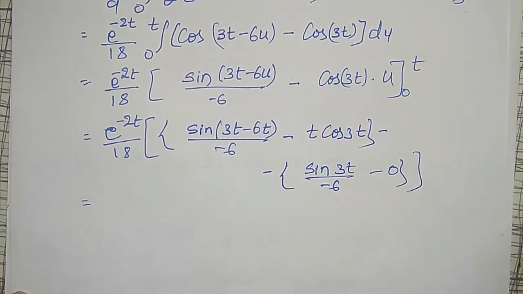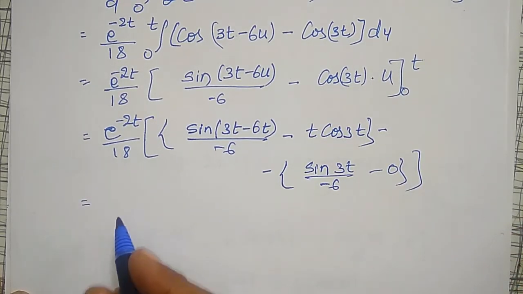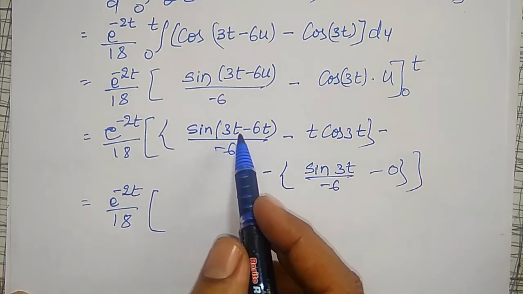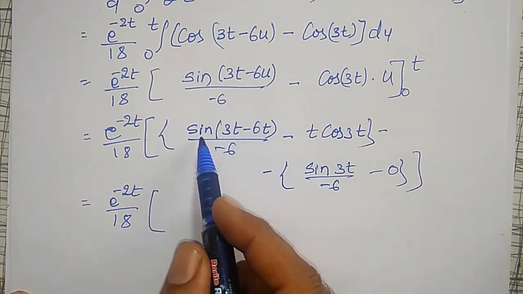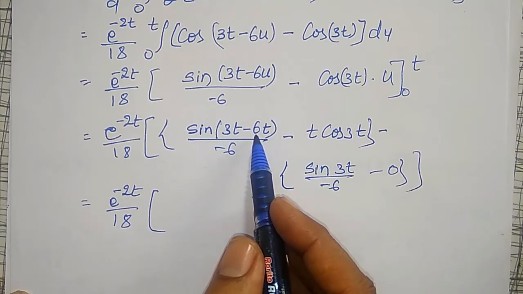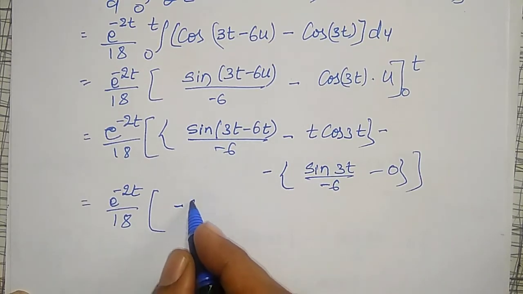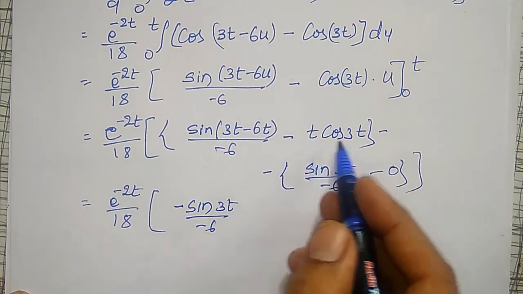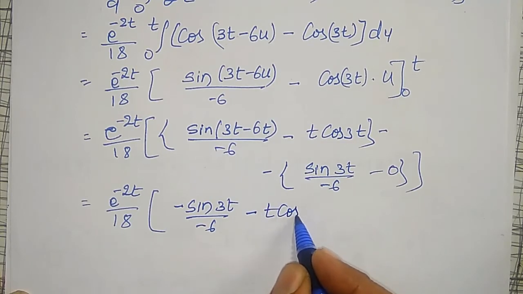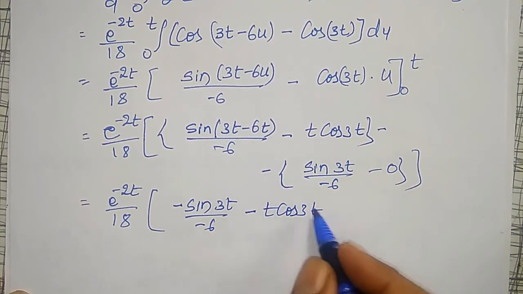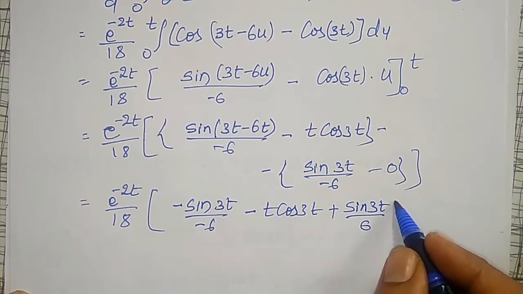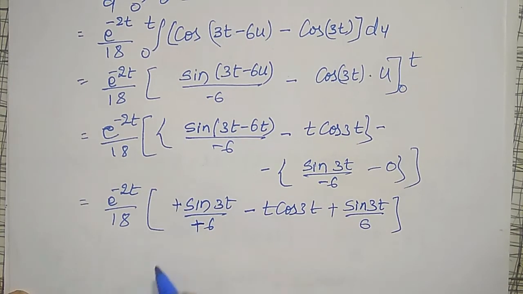Simplify this and I will get the final answer. That is e to the power minus 2t divided by 18 into sine of 3t minus 6t will become sine of minus 3t, but sine of minus theta is minus sine theta, therefore minus of sine 3t divided by minus 6, and this is minus t cos 3t, and this is minus of minus plus sine 3t divided by 6, and here minus, again I can write minus of minus plus.